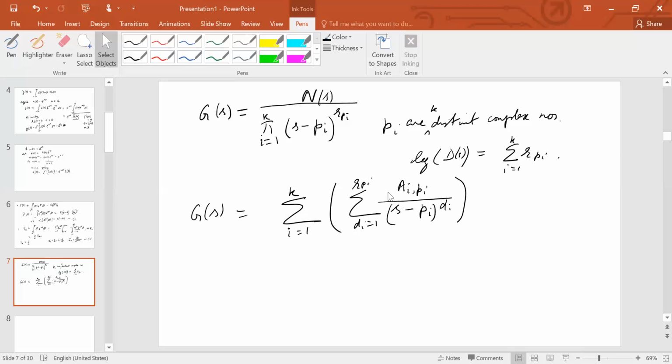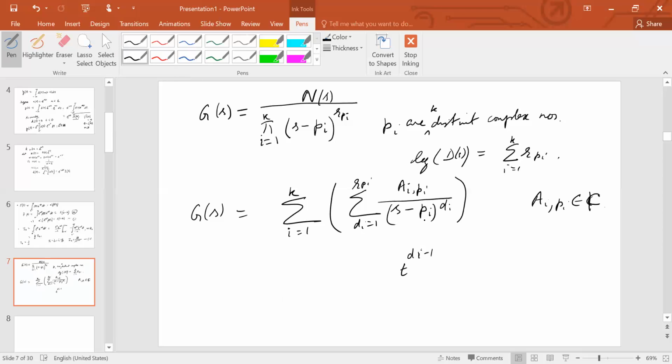So if we can express this in this form, and we are allowing for the p_i to be complex, then these A_{i,d} should also be allowed to be complex. Each individual term, with (s minus p_i) raised to the power d, will involve some term like t to the power d minus 1.